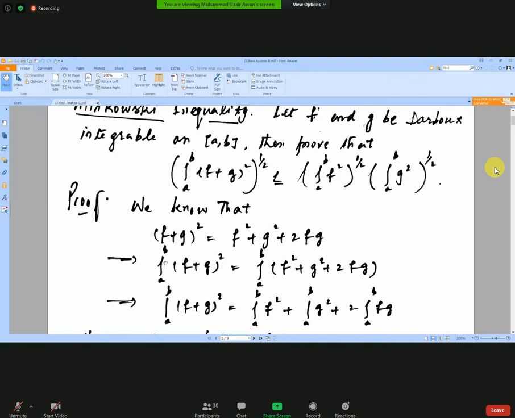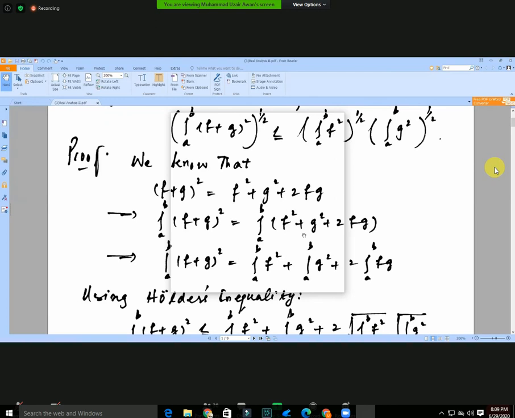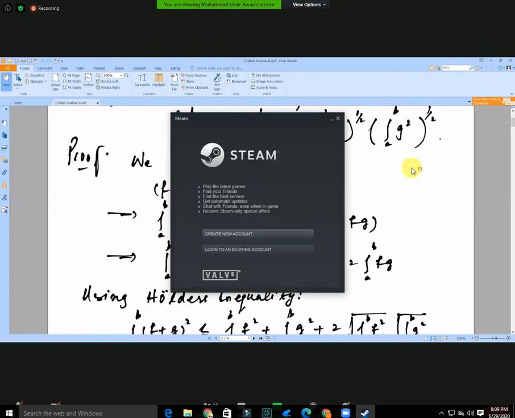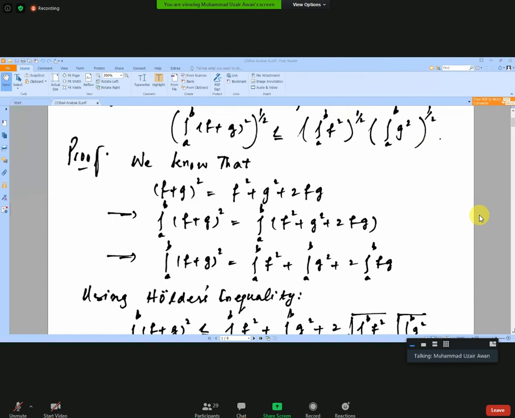So taking integral from a to b on both sides, we have a to b f plus g whole square is equal to a to b f square plus g square plus 2fg. This implies integral हर separate term पर ले लें. Integral a to b f square plus integral a to b g square plus 2 into integral a to b fg.